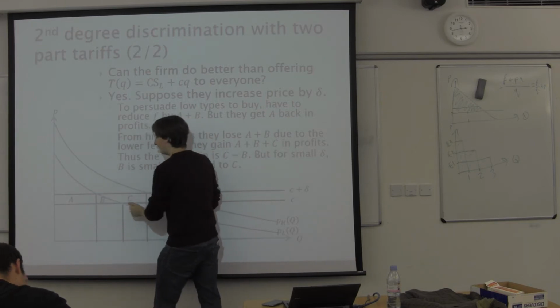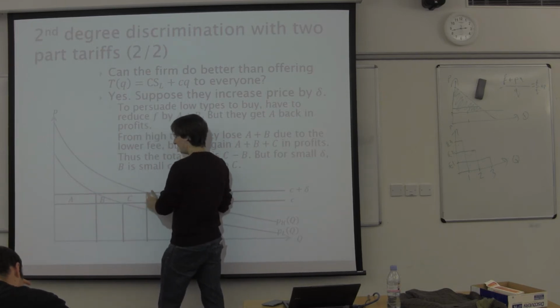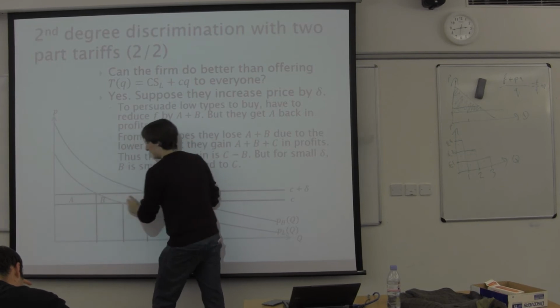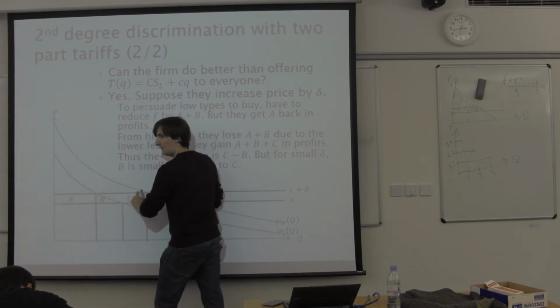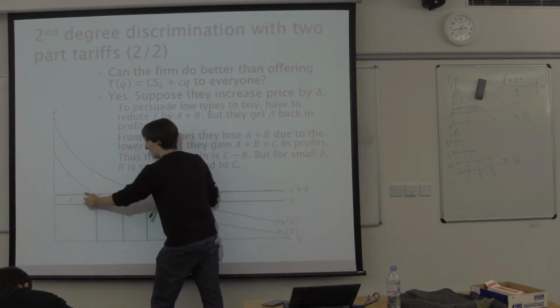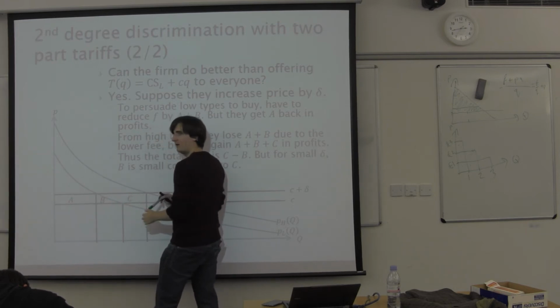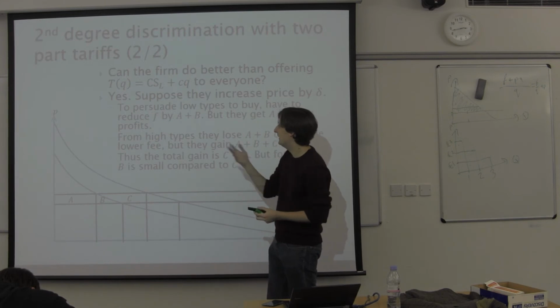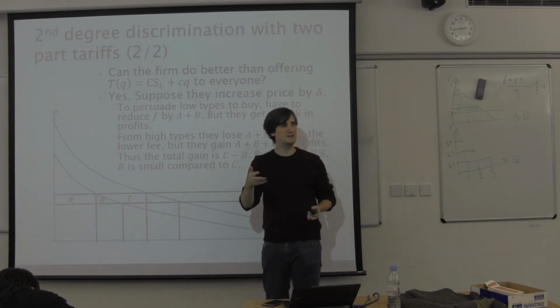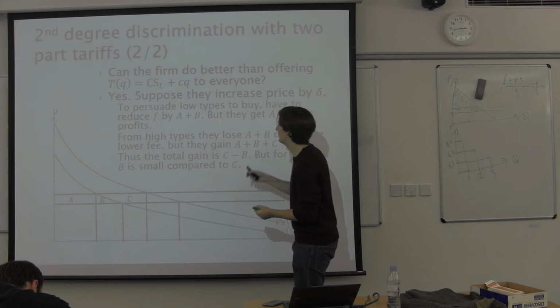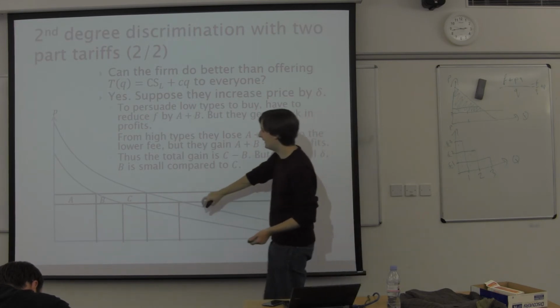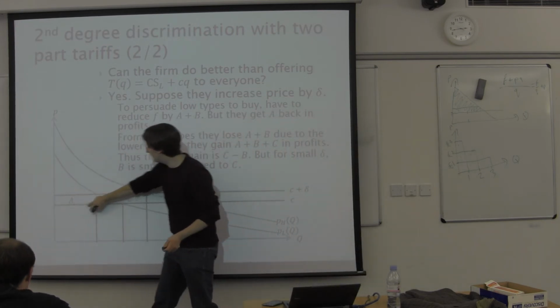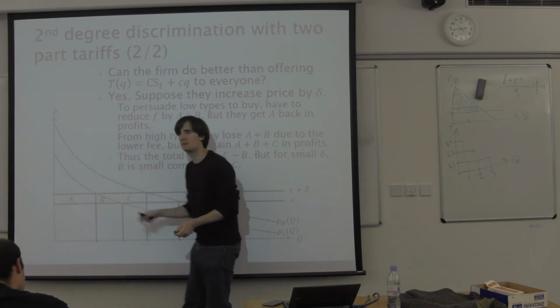So they lost A plus B on the fee, and then they're now selling this number of units at a price above marginal cost. Okay, so they've gained A plus B plus C on the revenue from selling each individual unit. They're selling above marginal cost now, so this is their new producer surplus from selling to these high types.